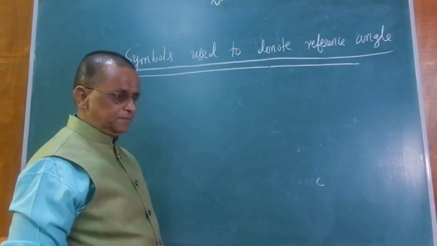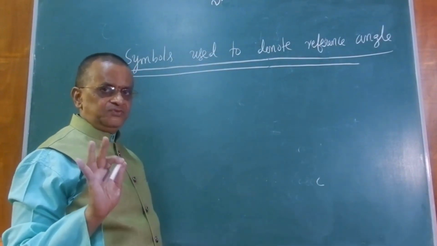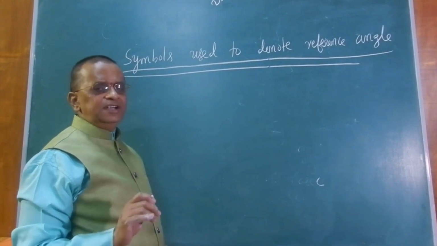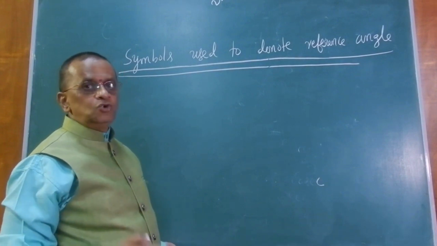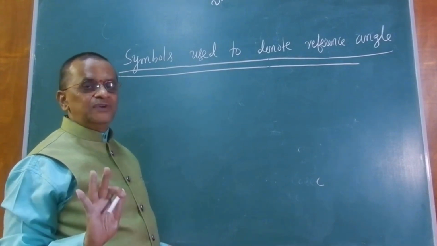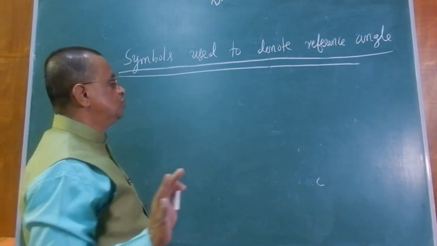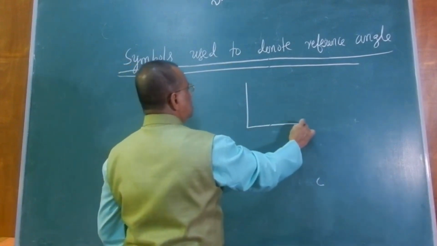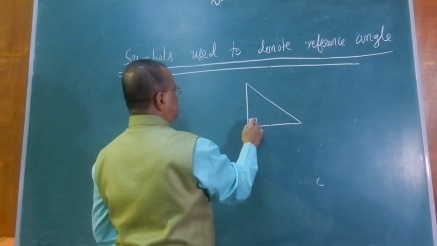Dear students, after knowing about 6 trigonometric functions, in trigonometry, we use certain Greek symbols to represent the reference angle of a right-angled triangle. You know, right angle means an angle whose measurement is 90 degree.